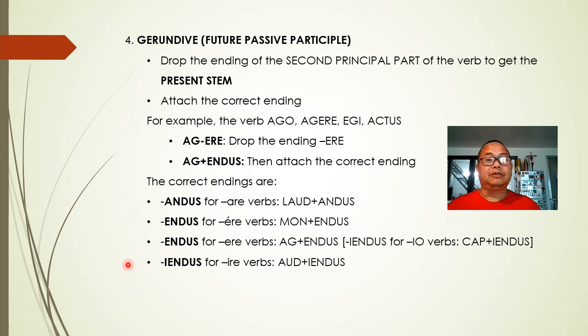And fourth conjugation, audio, audire, drop the ire, you have aud, plus iendus, you have audiendus. So, those are the four principal parts of the verb and the future passive participle. You all now know the correct forms on how to form the four participles of any regular verb given.